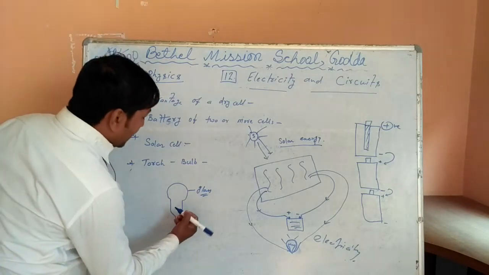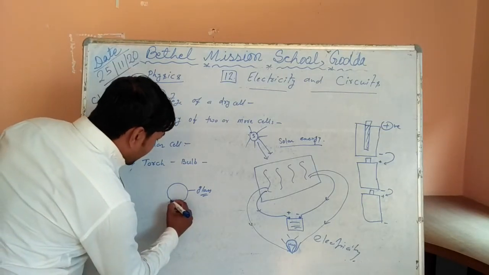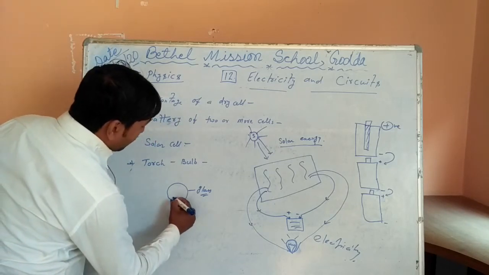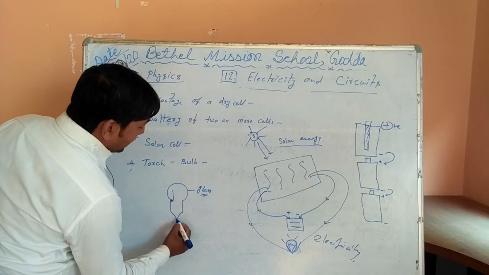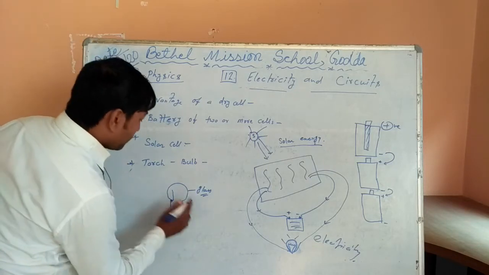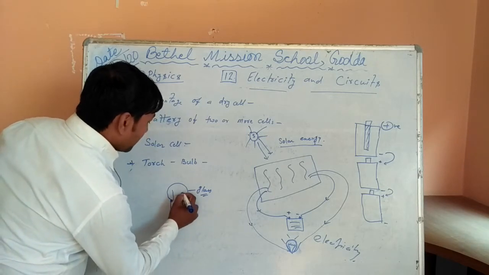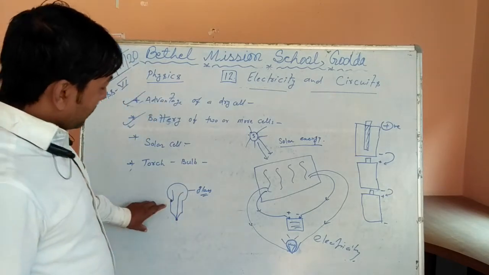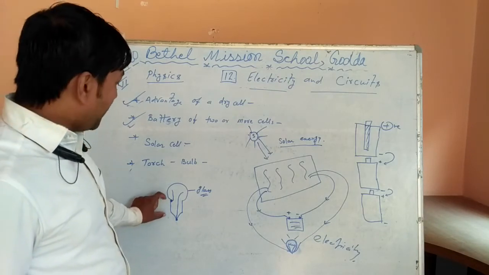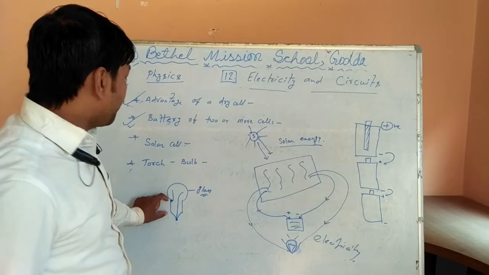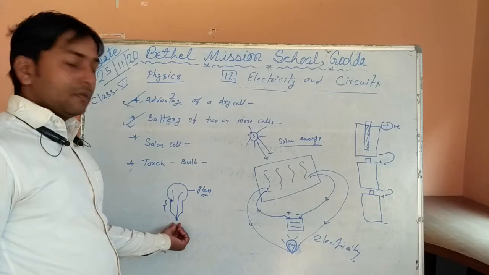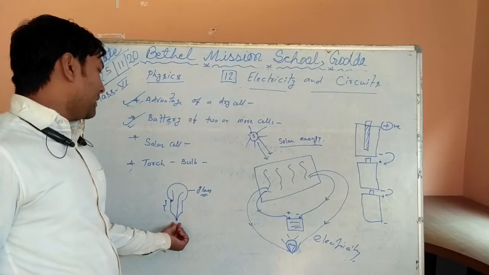One wire is taken from this end and the other is taken from the tip of the bulb. One wire is taken from the base part, and the other is taken from the bottom.